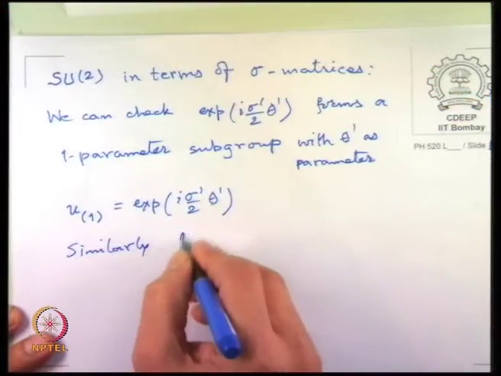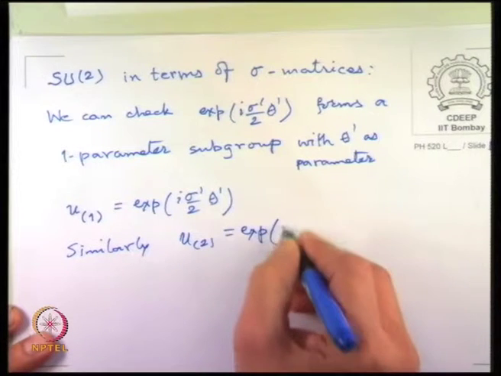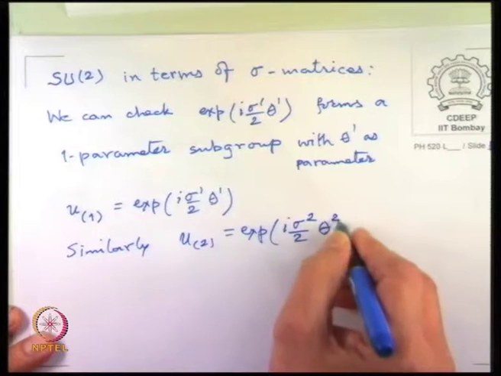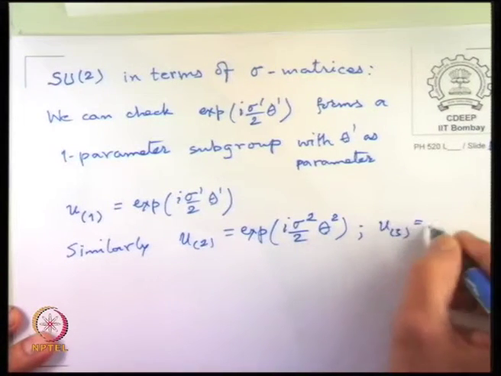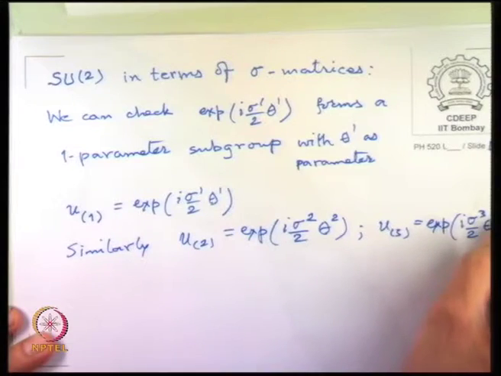Similarly, u2 equal to exponent of I sigma 2 by 2 times theta 2 and u3 equal to exponent I sigma 3 by 2 times theta 3.